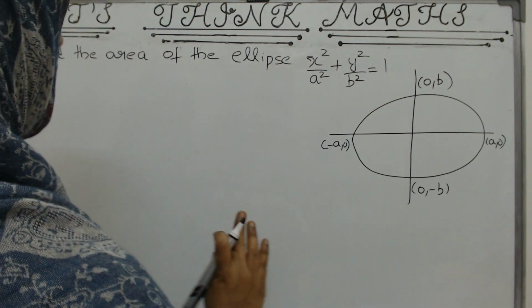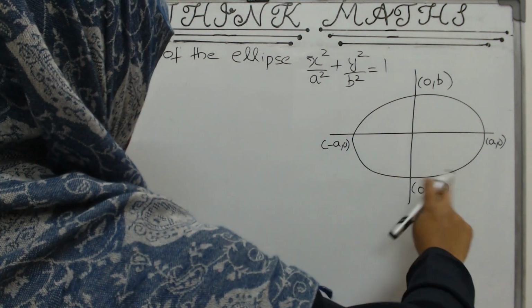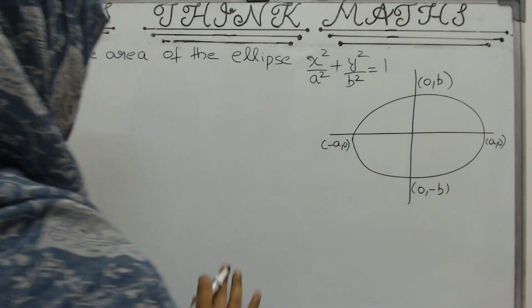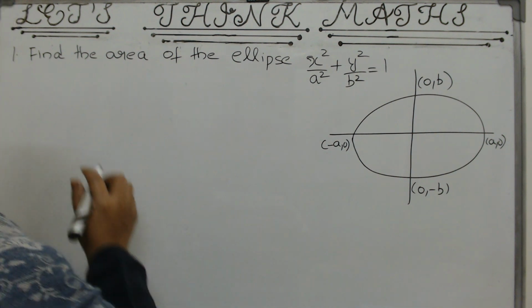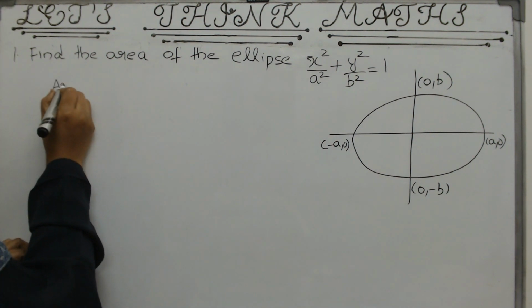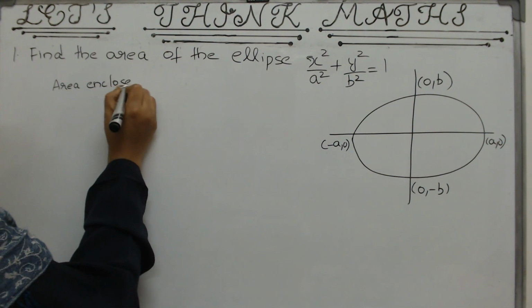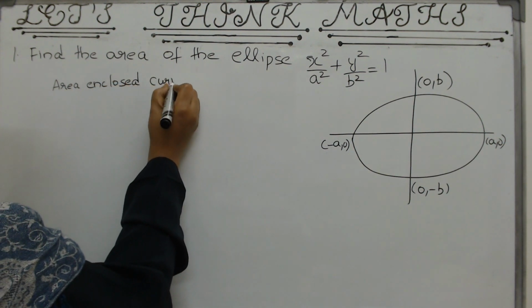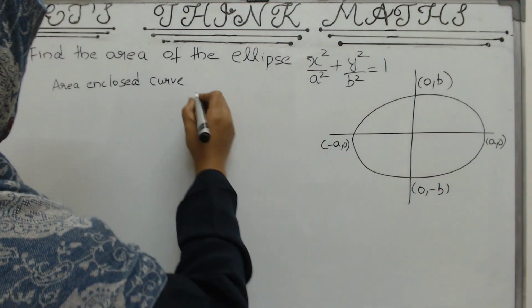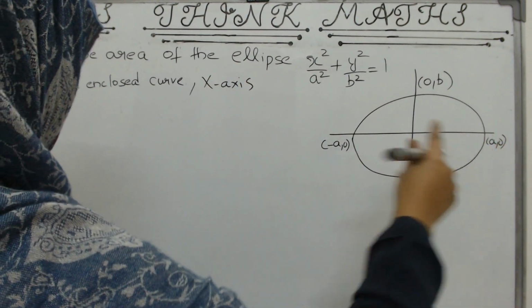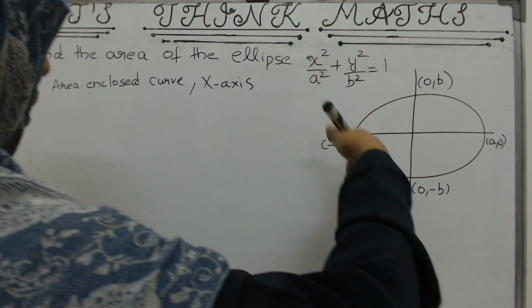Now we have to find the area of this whole ellipse. What can we start with? What have we learnt? What equation do we already have? We can find the area which is enclosed by a curve, then the x-axis, and then you need 2 ordinates.